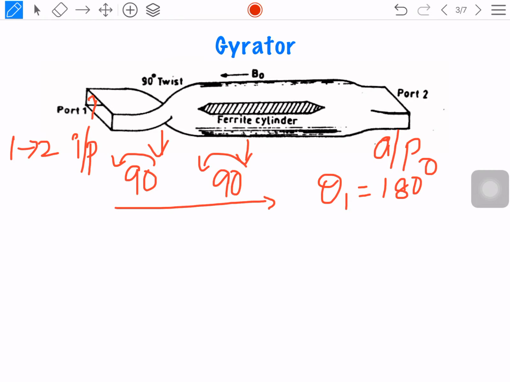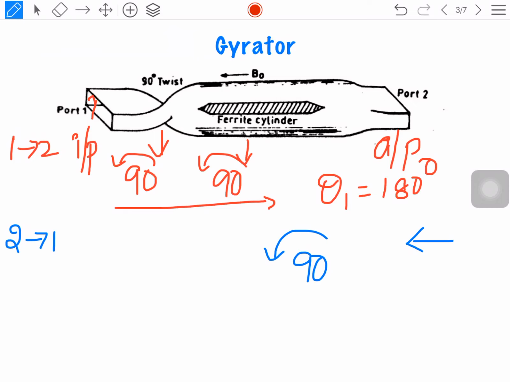Now let us see what happens if the wave is propagating from port 2 to port 1. Because of the Faraday rotation by the ferrite, it will provide a phase shift of 90 degrees here, and this will be in the counterclockwise direction.